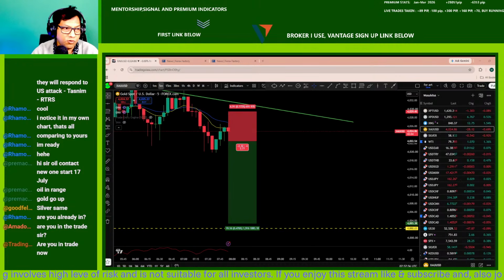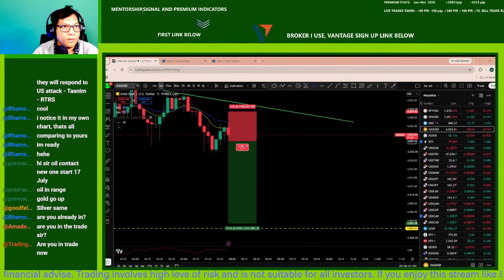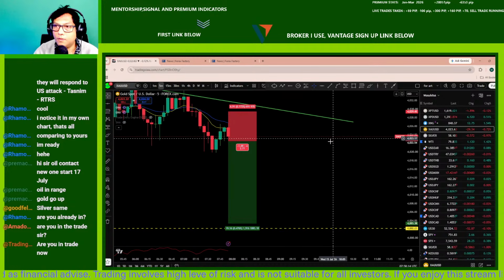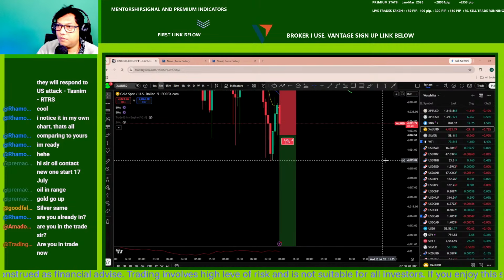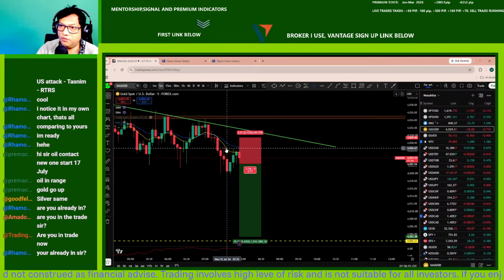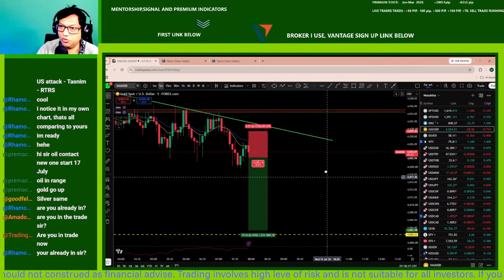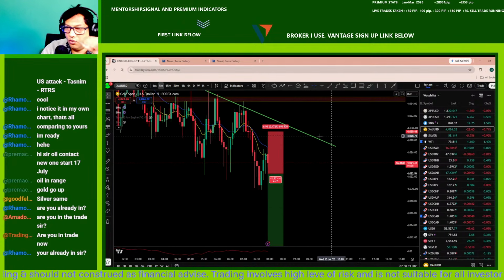You can see for gold it's a very small stop loss. Now, a deeper drop, pullback, liquidity sweep at this level, expecting it to have a potential drop down below.